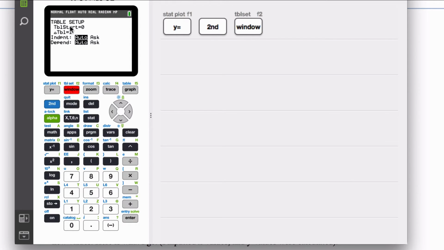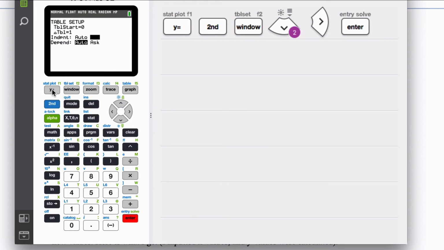Notice how you have a bunch of things here, but both independent and dependent values are set on auto to begin with, so your calculator can compute it automatically. But if you put the independent value on ask and click enter, and leave the dependent on auto so the calculator can compute them, now you can input any independent values, or x values, for your function. And that's kind of nice. You can actually do this on the table. Otherwise, you have to do it by hand and it takes a while.